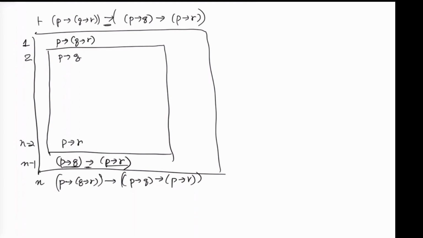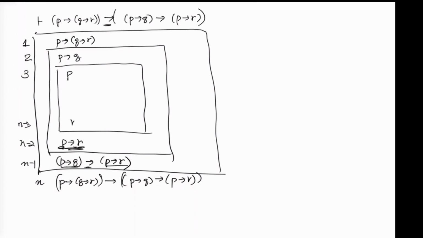After that, you look at the sub-goal to prove, which is P implies R here. The same strategy again, just repeating the same thing. So this is line 3 and then N minus 3. So what do we want to do if we want to prove this? Well, we can assume this and then try to prove this.